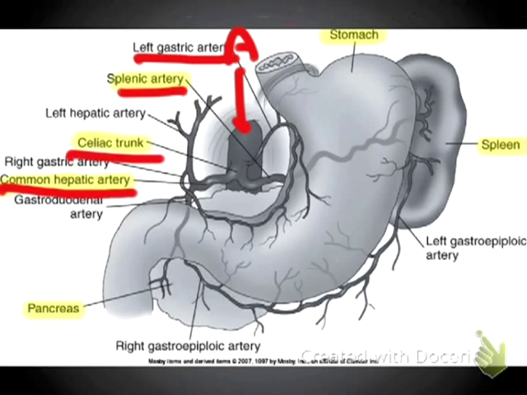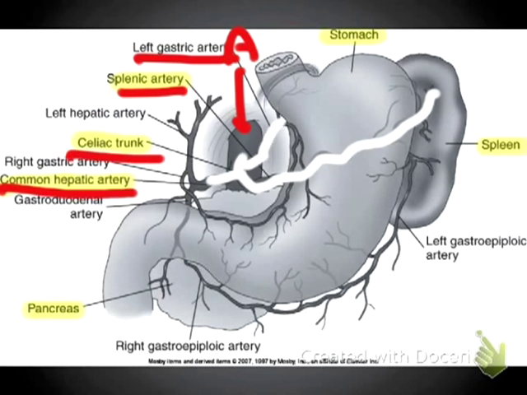But just want you to take notice of the things that are highlighted in yellow. And as you can see, the celiac trunk bifurcates 3 times here, and we trace the splenic artery going back here and supplying the spleen. We have the left gastric coming here and supplying a great deal of the stomach.